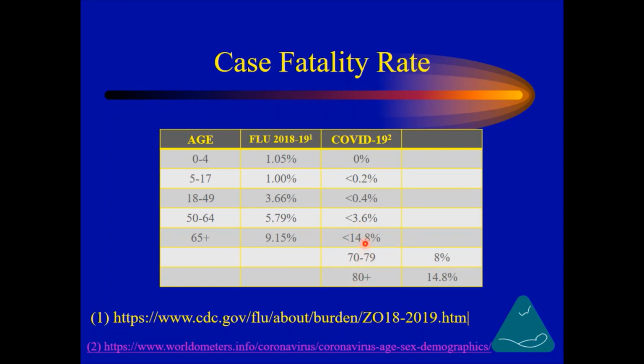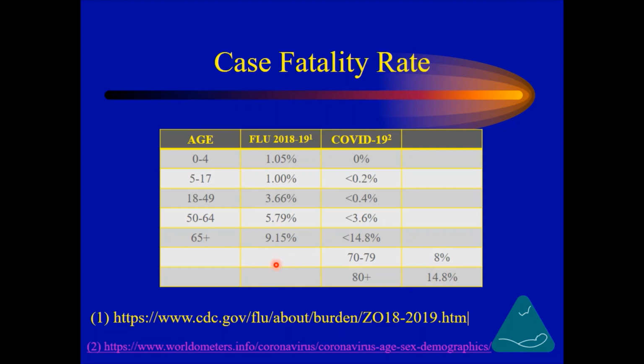When you break that out, we had data for COVID-19 that breaks it out into these age groups, which I did not have for the flu last year. We find that between the ages of 70-79, the case fatality rate was only 8%. And for the 80 and up, it was 14.8%.